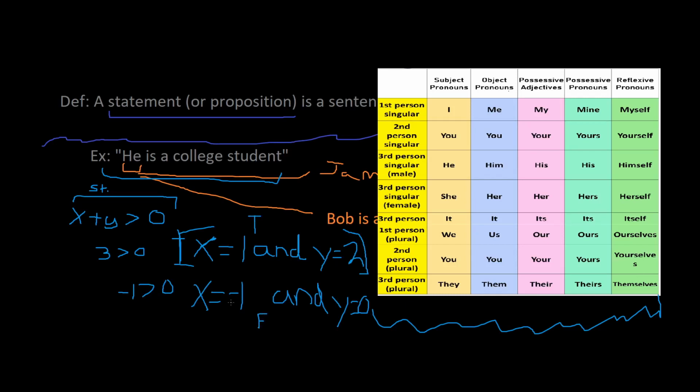And so this is not a statement, and the sentence up there is not a statement either, right? We showed it in a mathematical sense. And for the given phrase right here, he is a college student, it's the same way as a true or false mathematical statement. It can be both true and false. So that's just the gist of it.